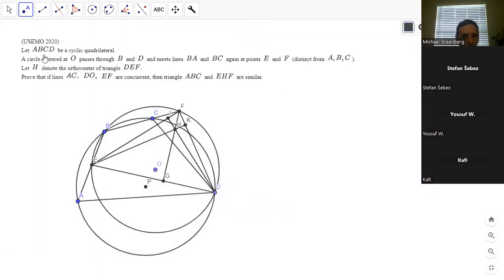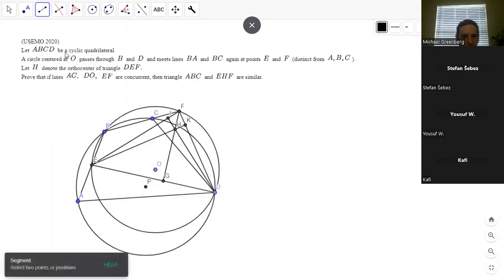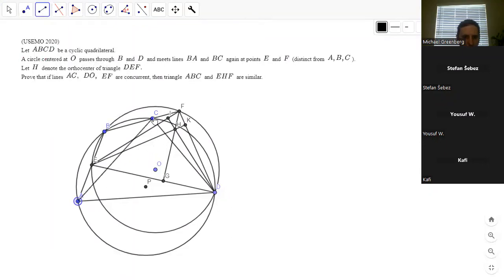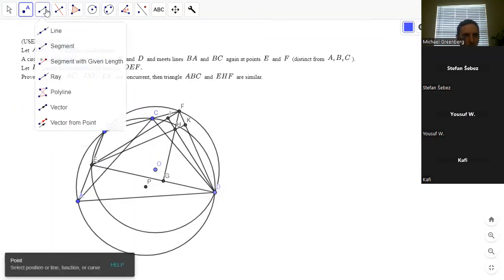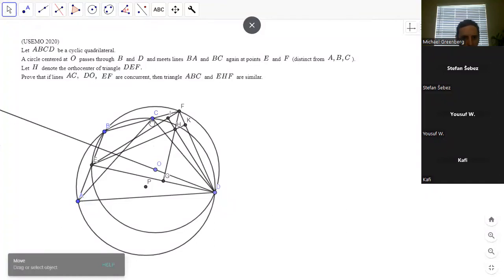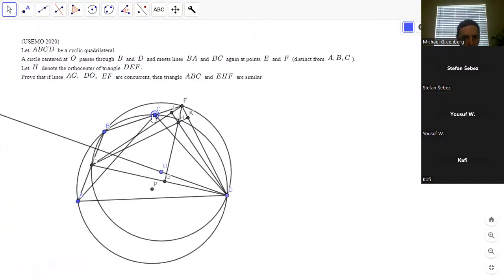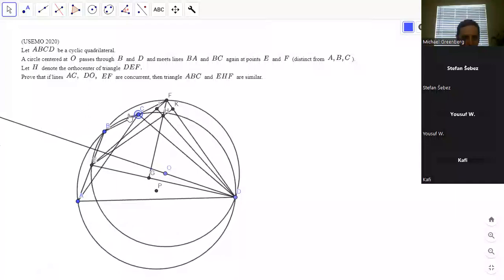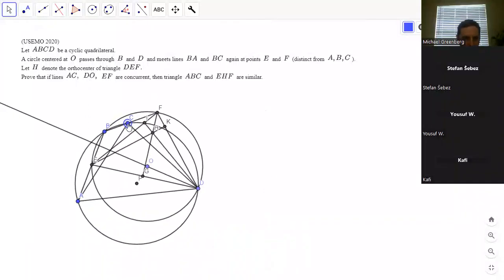And prove that if lines AC, DO, and EF are concurrent. So when would that happen? Let's see. So we want AC, DO, and EF to be concurrent. So like that.